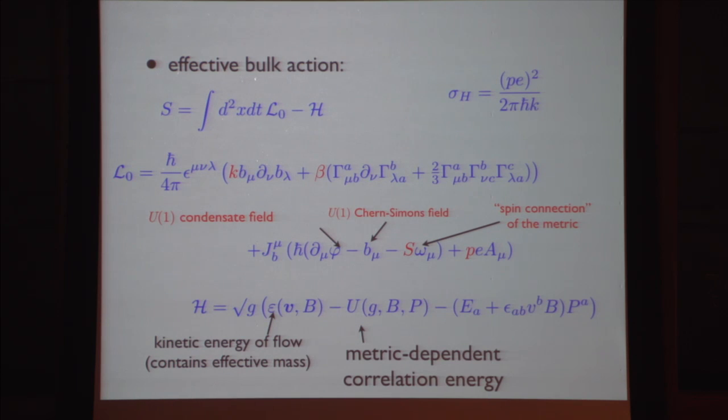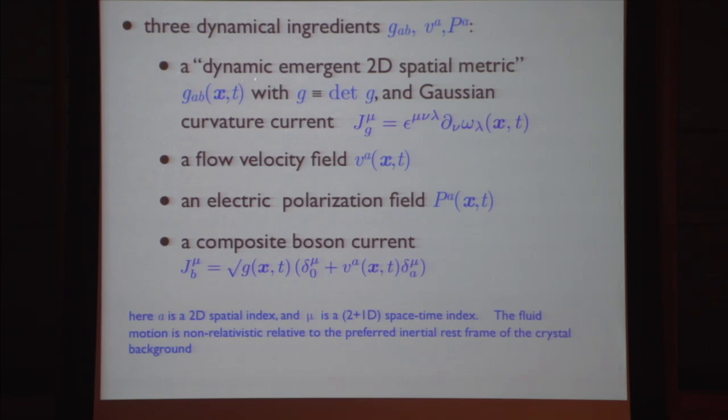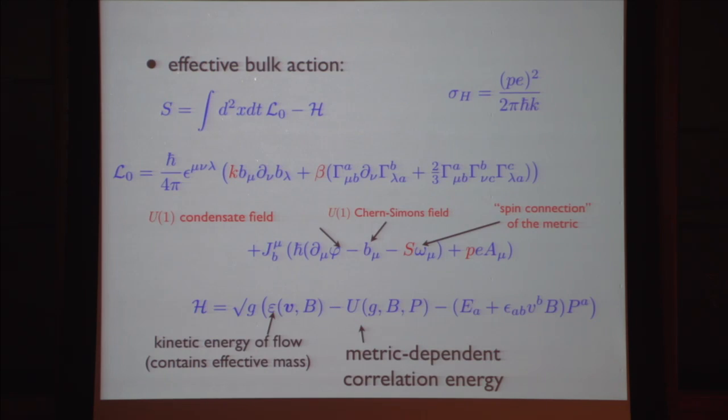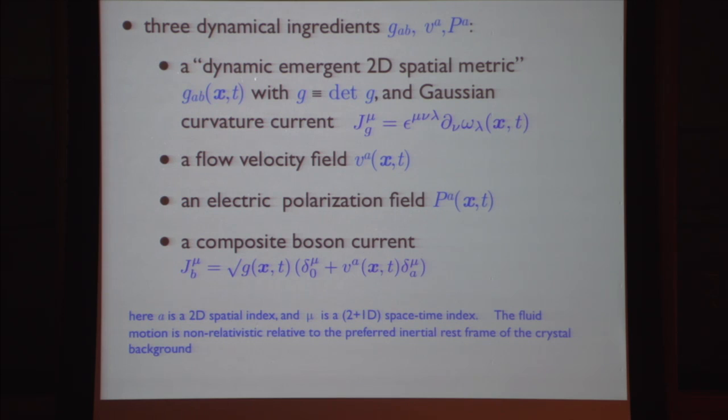Sorry, what are the conditions on the metric? Is the only thing it satisfies unimodularity, or are there any other constraints? No, this metric has not been scaled to be unimodular. I can separate out the metric: the determinant factor gives me the density of the composite bosons.